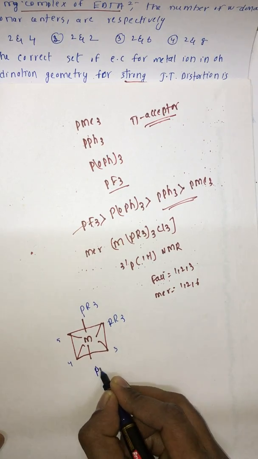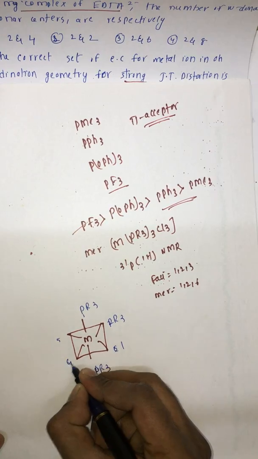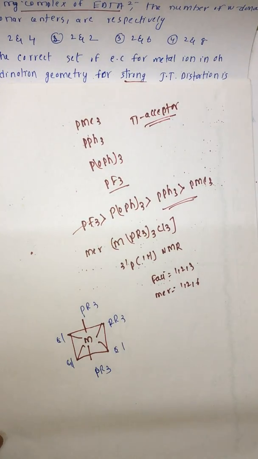PR3, PR3, and here it will be chlorine, chlorine, chlorine.